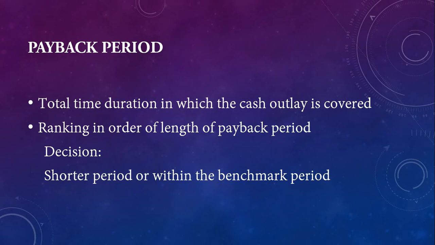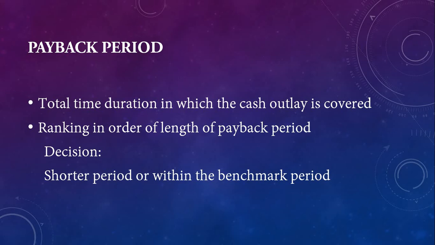In this we rank the length of the payback period and we decide which project should be taken. The decision can be made on the basis of the period of return or with the help of a benchmark period. So if there are mutually exclusive projects, then definitely the company will select the project which gives return in the shorter period.